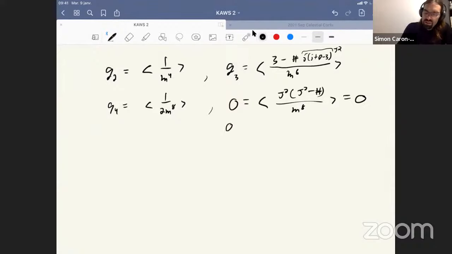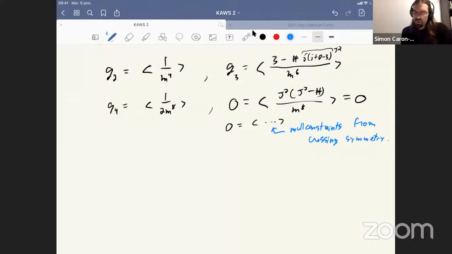And then you can list infinitely many other constraints from crossing symmetry. So they encode crossing symmetry in the infrared. This looks a bit weird because this is a constraint on the UV that comes from the requirement that the infrared is crossing symmetric.